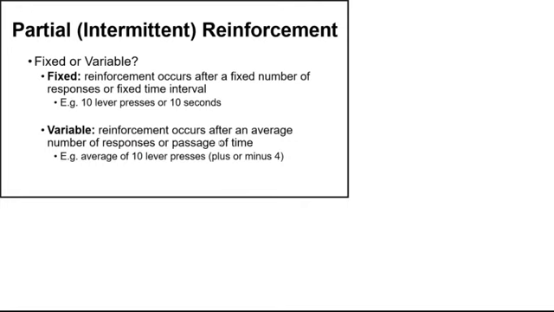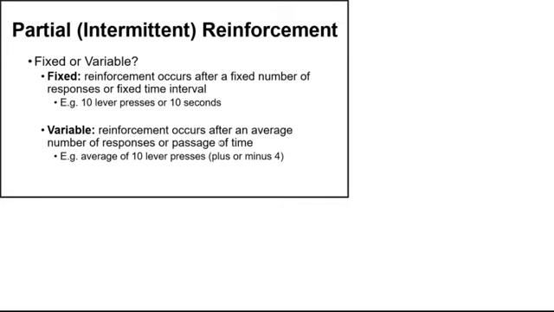Our first question is, is it fixed or is it variable? Fixed just means that there's a predictable pattern. You would get reinforcement after a fixed number of responses or after a fixed time interval. We're going to stick with a rat pressing a lever to get food. Maybe every 10th time the rat presses the lever, they get a food pellet.